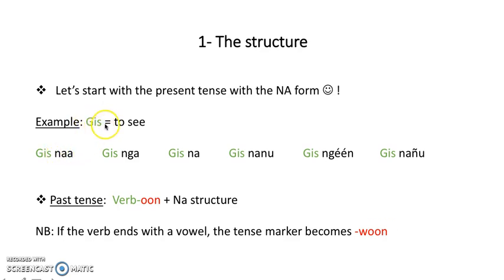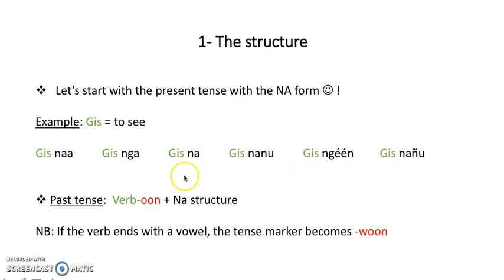The example I have here is the verb gis, to see. When I conjugate gis in the present tense with the now form, I will have gisna, I see, gisnga, you see, gisna, he sees or she sees, gisnanu, we see, gisngeen, you all see, gisnanyu, they see.